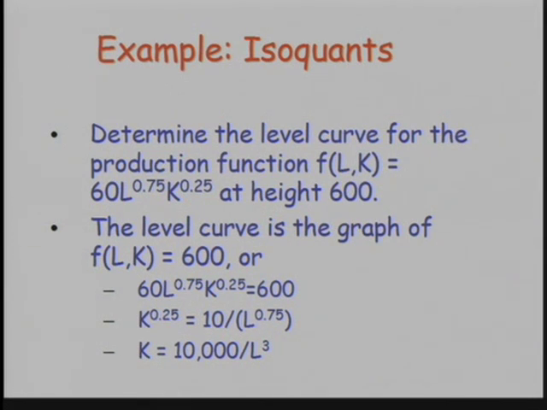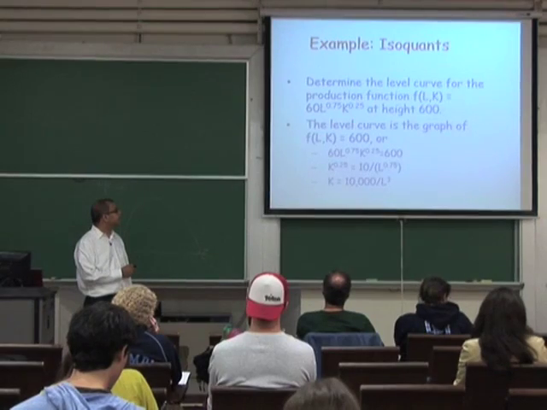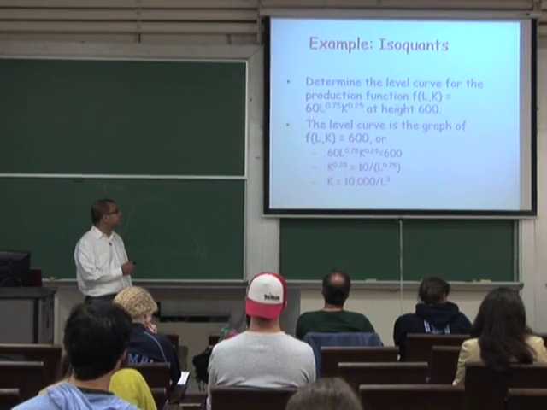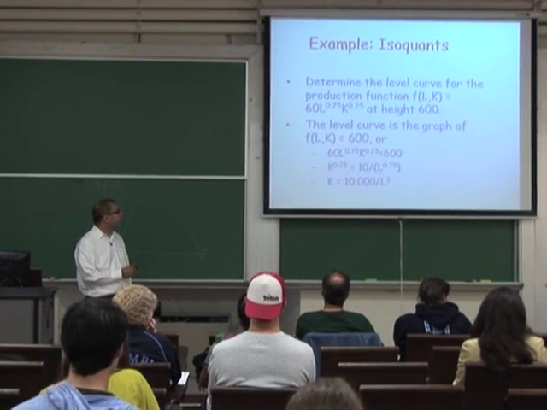Isoquants are loci of combinations of inputs, in this case labor and capital, that yield the same quantity of output. So this is the function, and that's the height of that function.